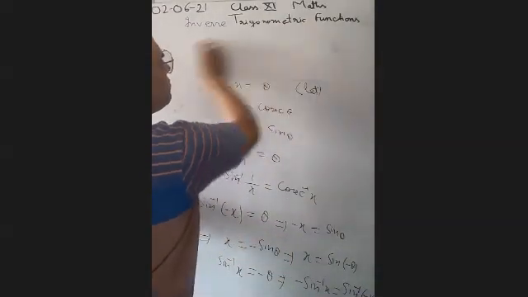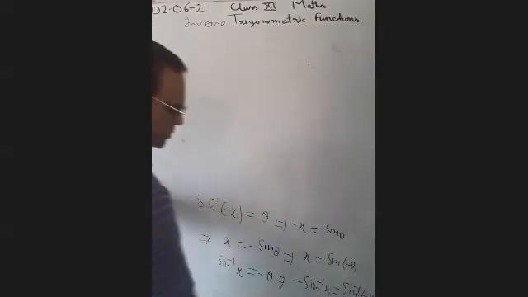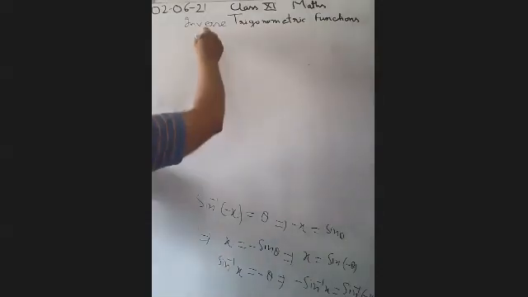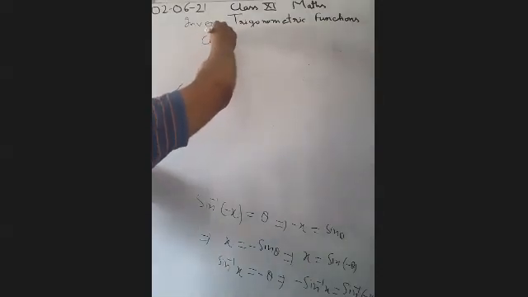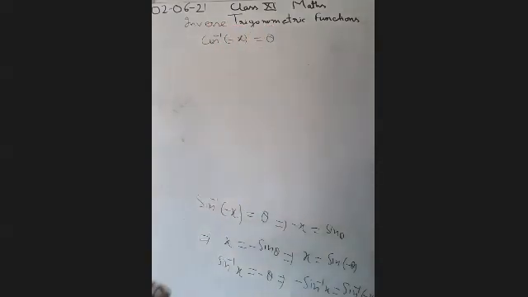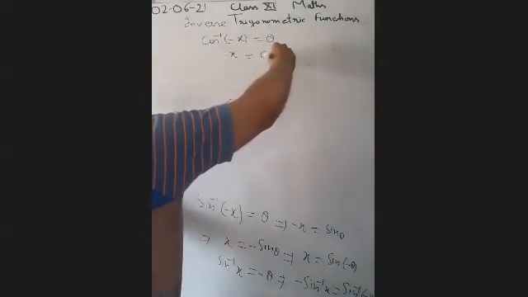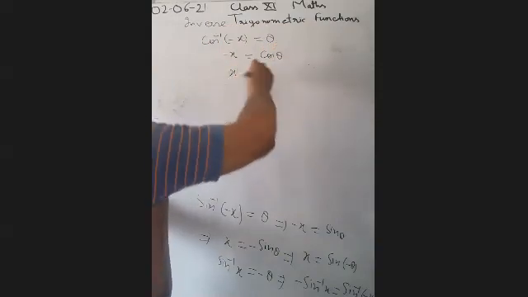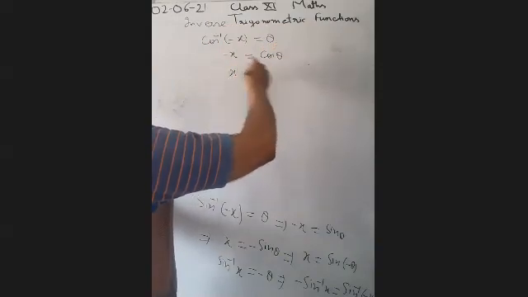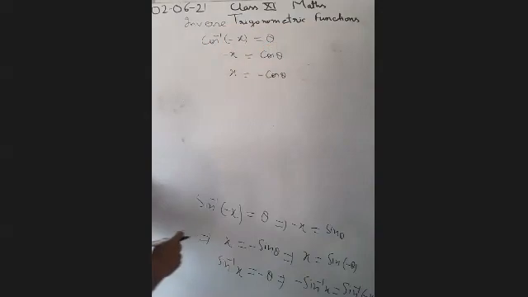just I am doing cos inverse minus x. Okay, if we take this one, so what will happen? Minus x is equal to cos theta. x is equal to minus cos theta. We know that cos minus theta is not equal to minus cos theta.